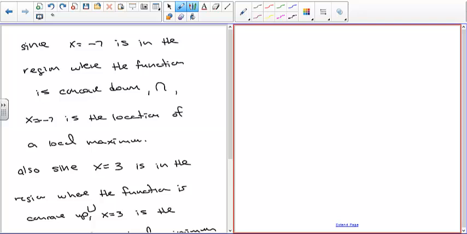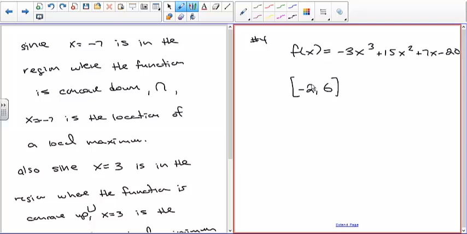Number 4, you were to look for a local or absolute maximum and absolute minimum. So the function, say third order equation, so all we have to do for finding absolute extrema is find if there are any critical points in the interval, which is given in the problem, from -2 to 6.